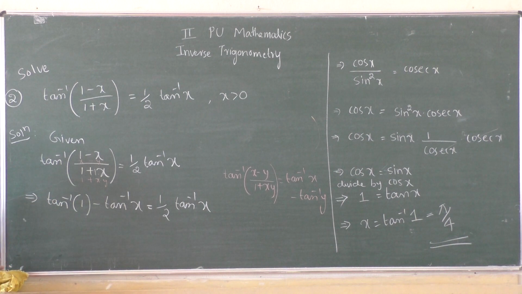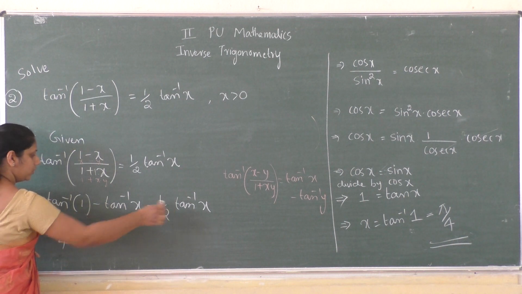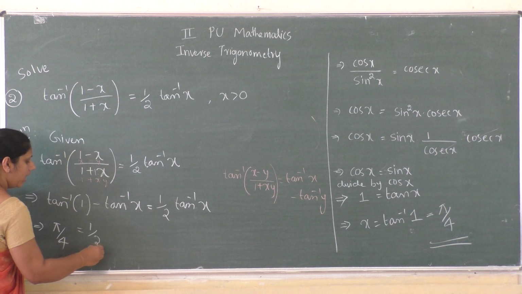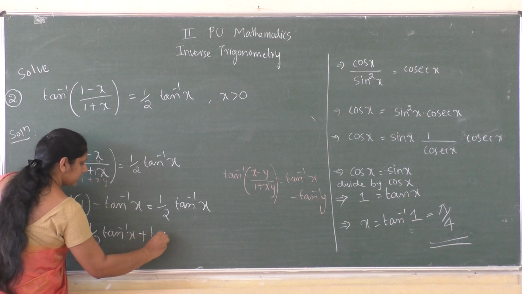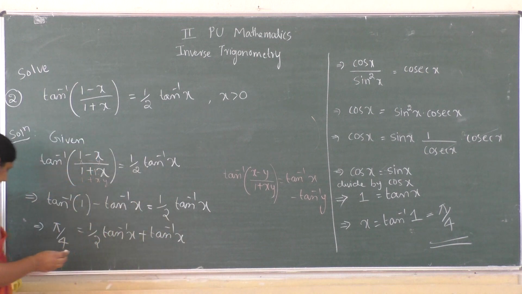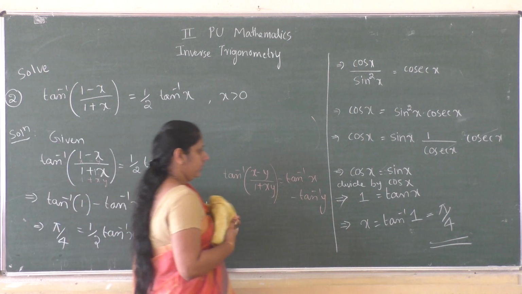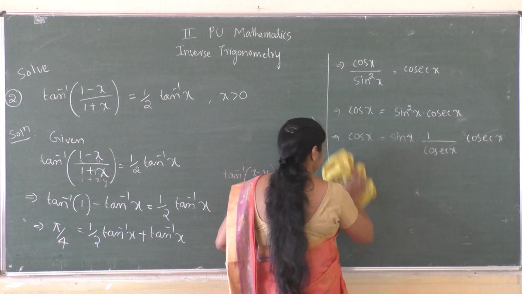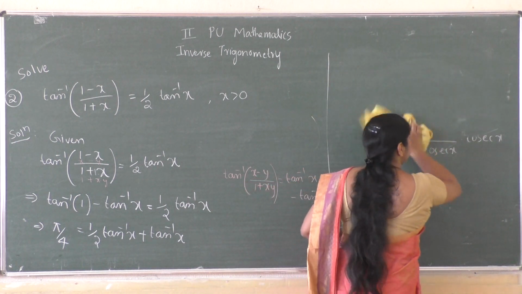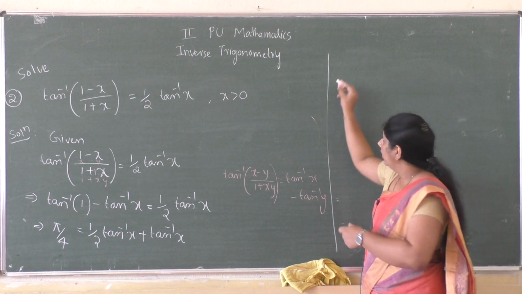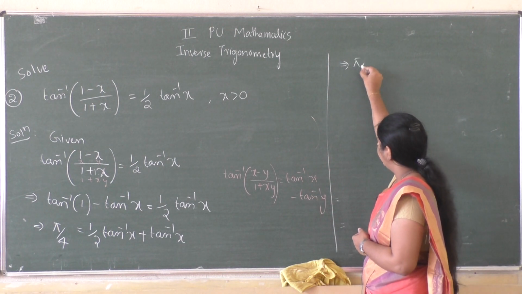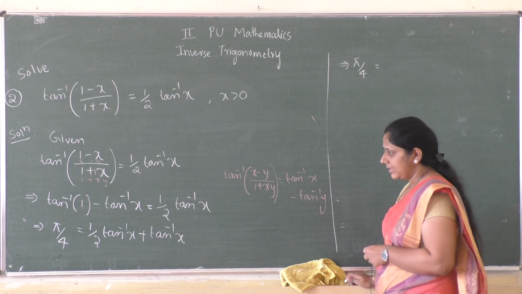Now what is the value of tan inverse 1? It is pi by 4, and I will take this minus term to the right side. Then it becomes half tan inverse x plus tan inverse x. Now the left hand side is as it is, pi by 4. What about the right hand side?